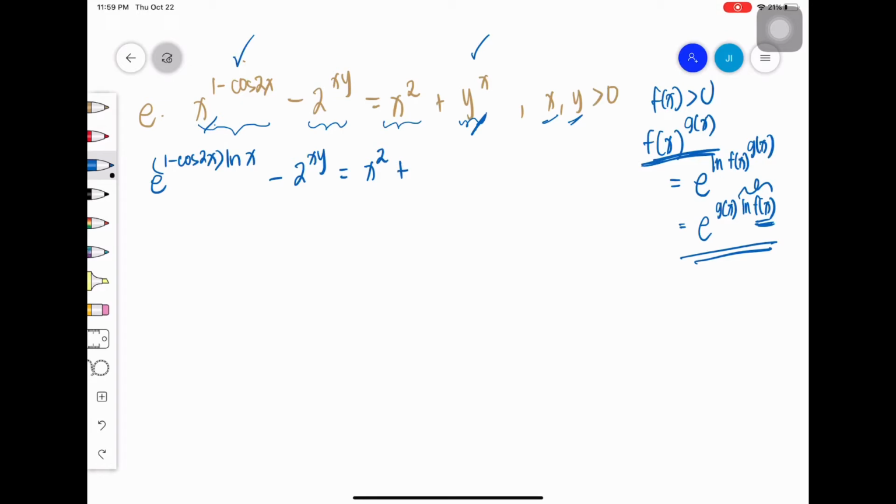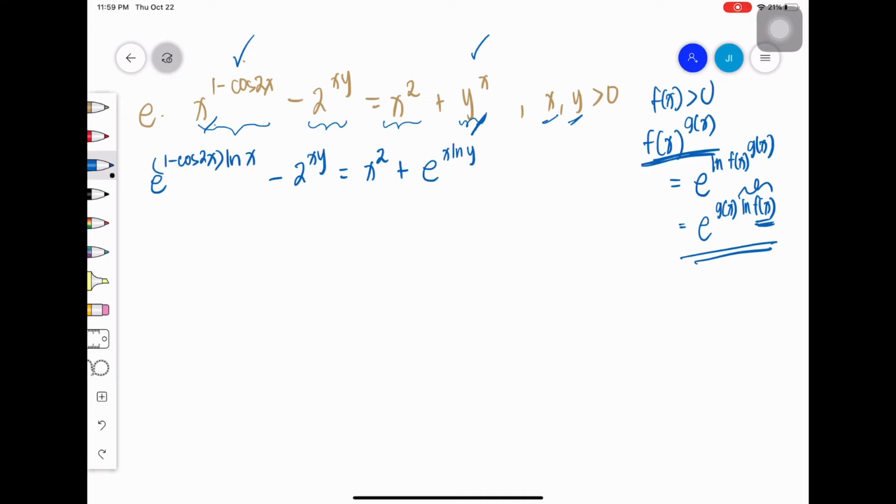But the last thing is a positive base raised to a function of x, or x itself, tama? So we can transform this as e raised to x ln of y. Do you follow?